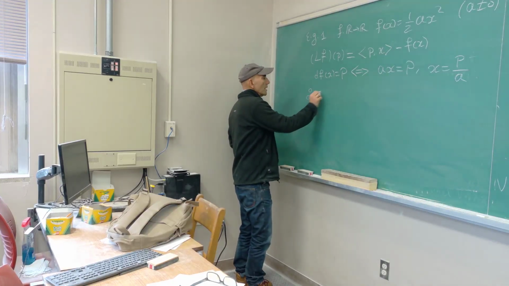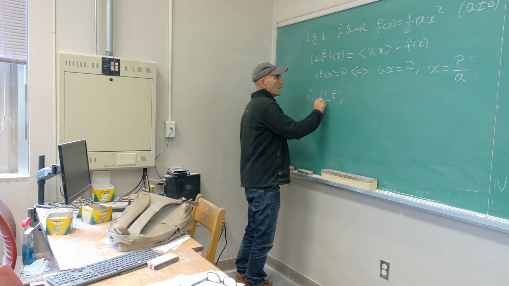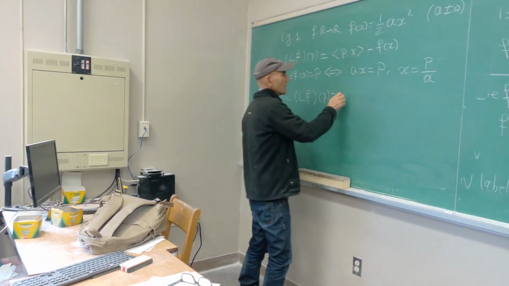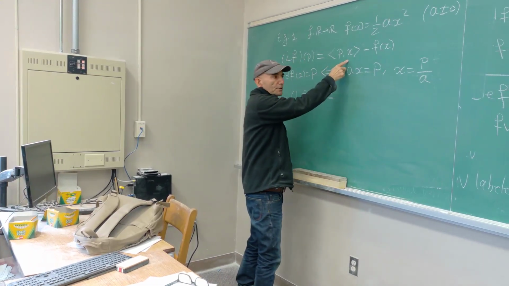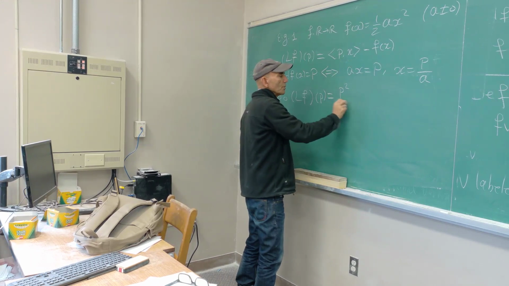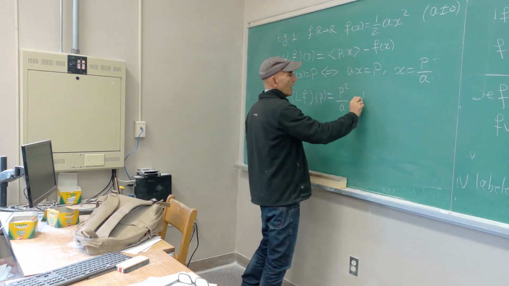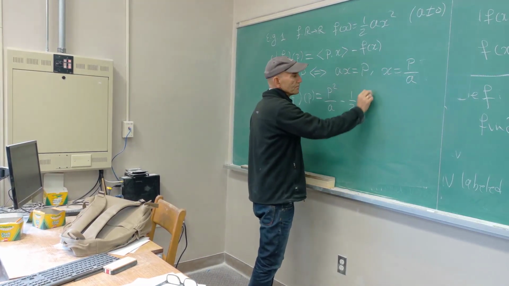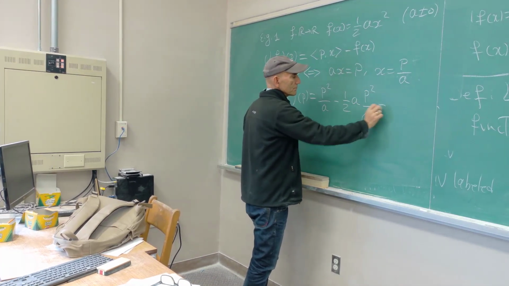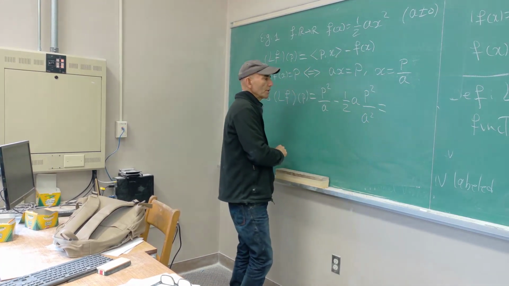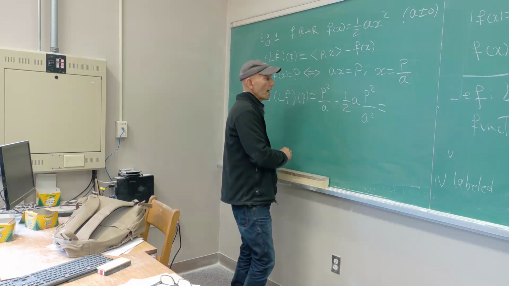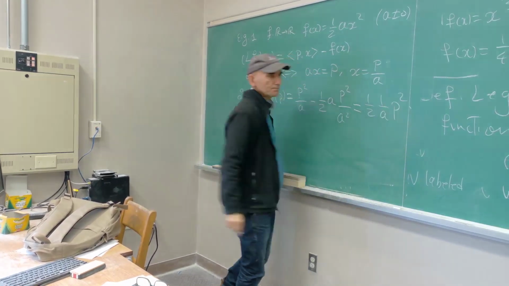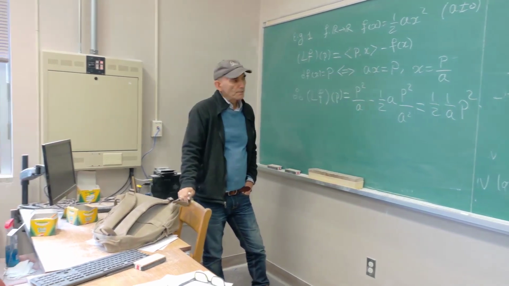So it follows that Lf of p is equal to this part. I have to put this here, so I get just a multiplication of numbers. This is p squared over a minus 1/2 a p squared over a squared. And if you compute this, you're going to get 1/2 times 1 over a times p squared.